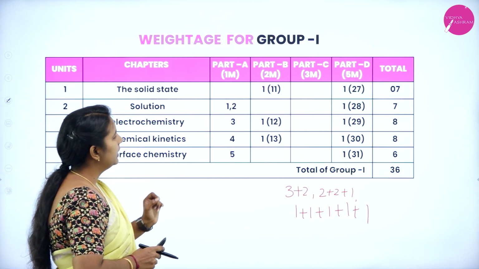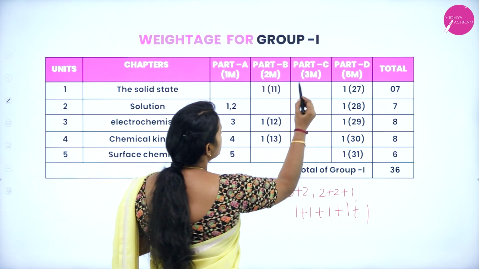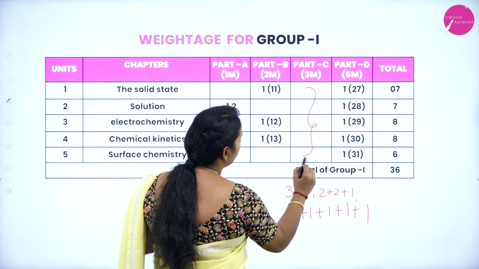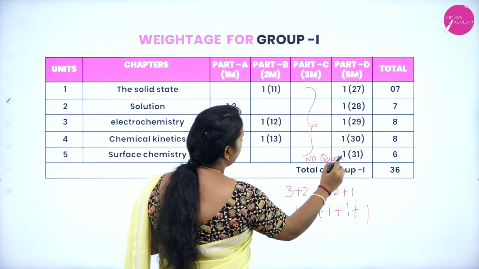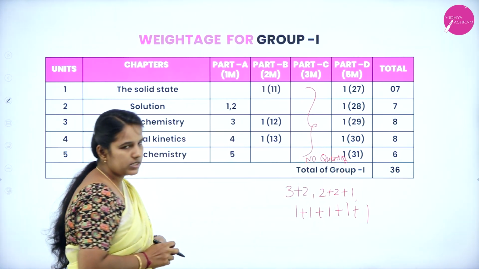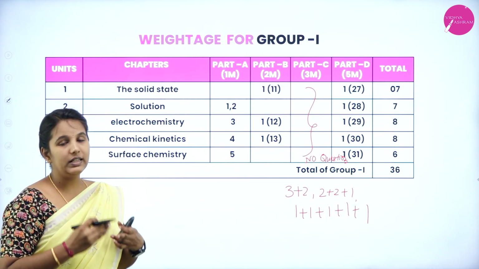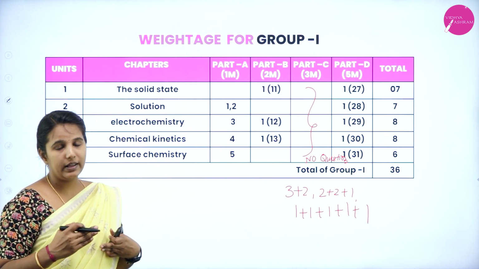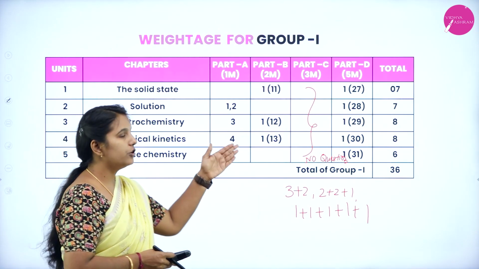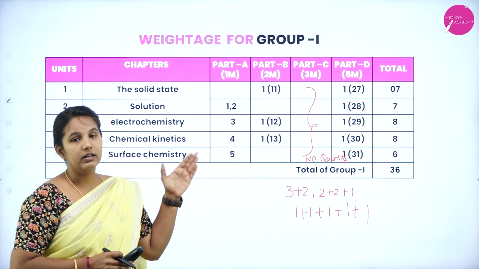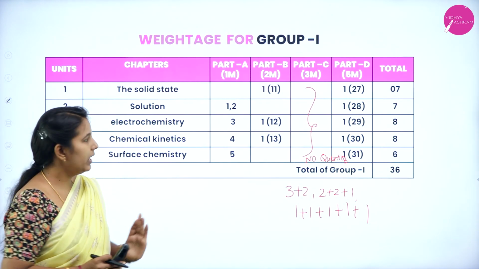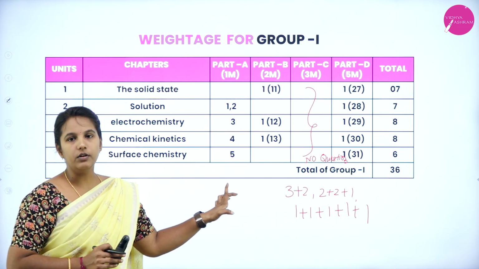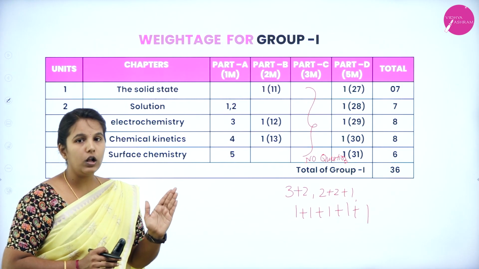You can see that in Part C, there is no question at all in physical chemistry. Why is there no question in Part C? Because we have only the 4 chapters in inorganic chemistry which definitely come in your Part C, and thereby the Part C questions will come only from inorganic chemistry. Okay, whereas in Part A and Part B, we can expect questions from all units.